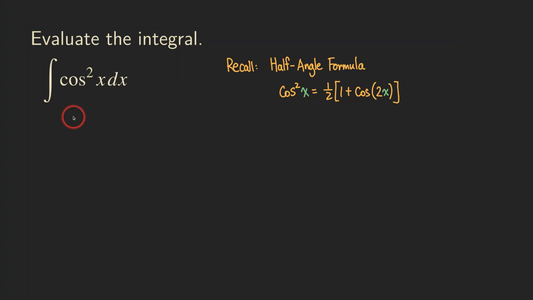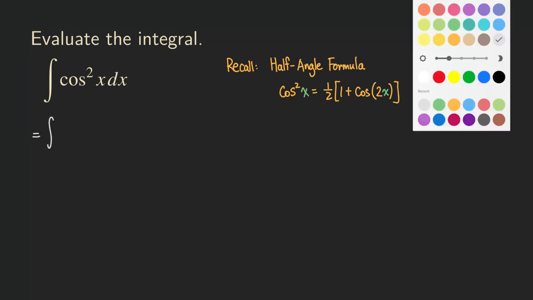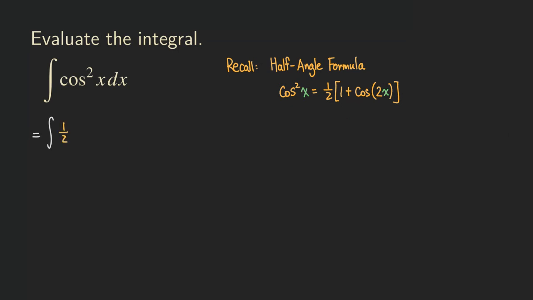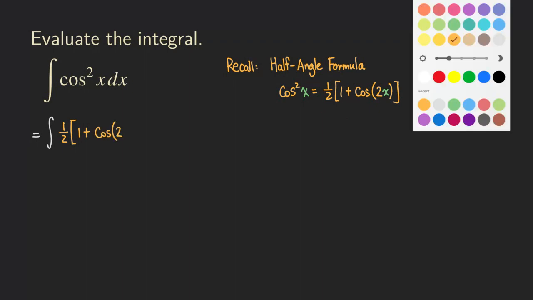Okay, so now let's get started. First, we are going to rewrite this integrand using this formula. So we are getting the integral of 1 over 2 times 1 plus cosine of 2x.